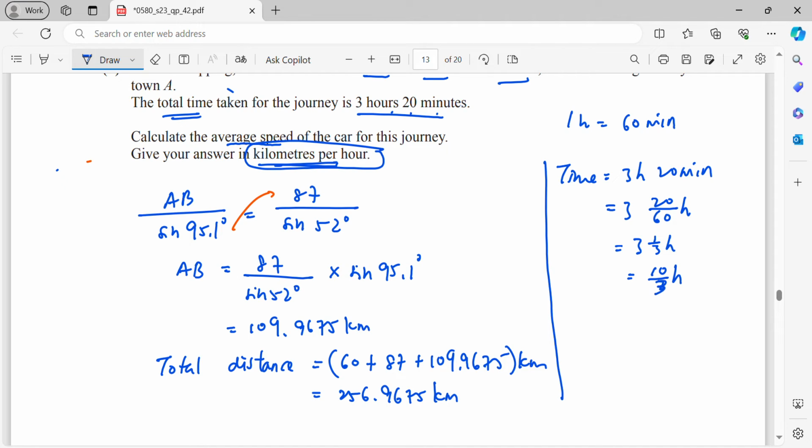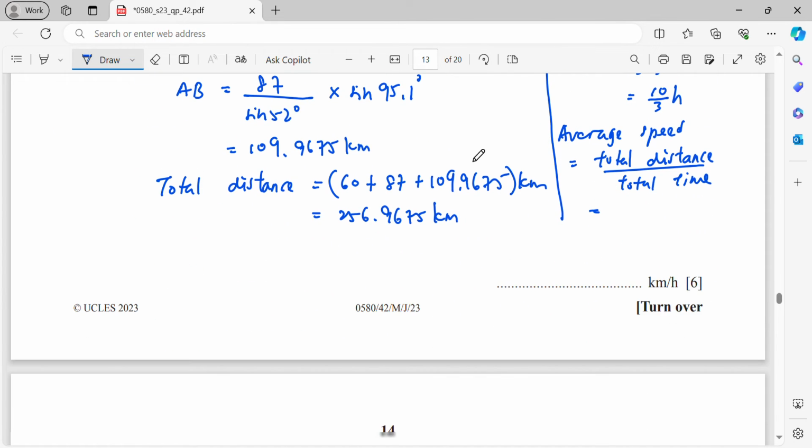So now to get the average speed, that will be the total distance over total time. So average speed, that is total distance over total time. So I will get 256.9675 over 10 over 3.